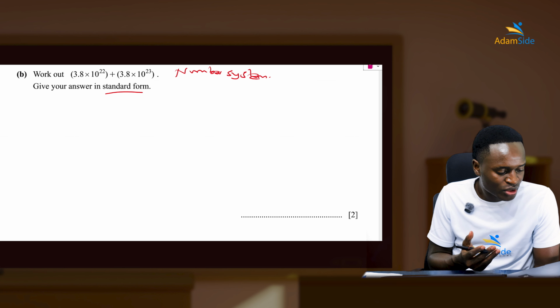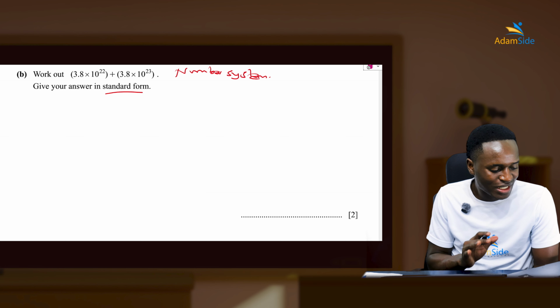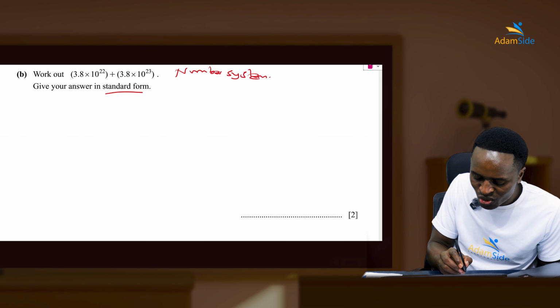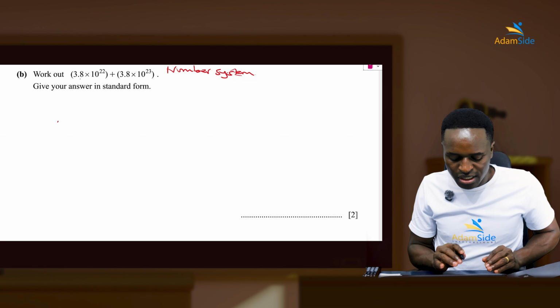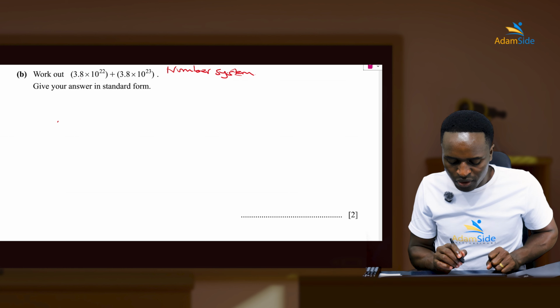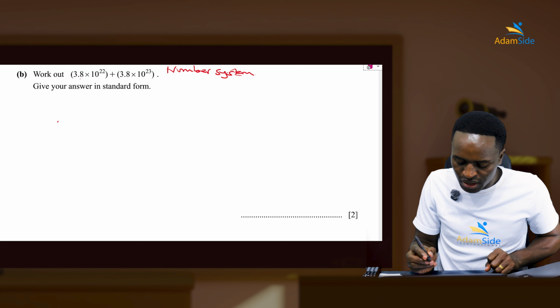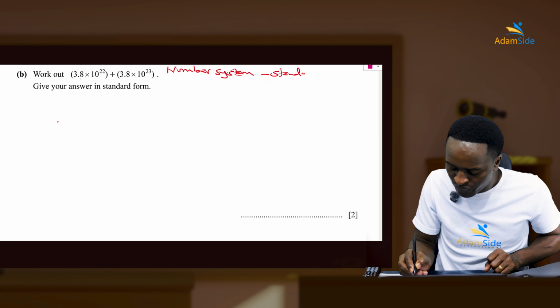You can as well do it separately, it just depends on how you understand this kind of concept. Here we have 3.8 times 10 power 22 and then here we have 3.8 times 10 power 23. It still comes from the unit of number system and subunit standard form.